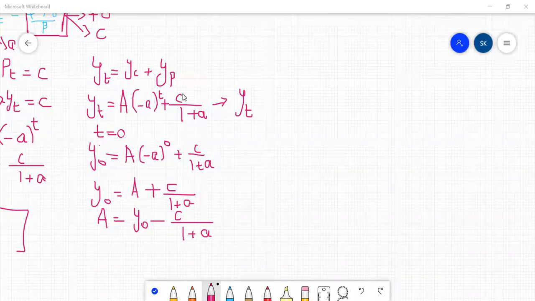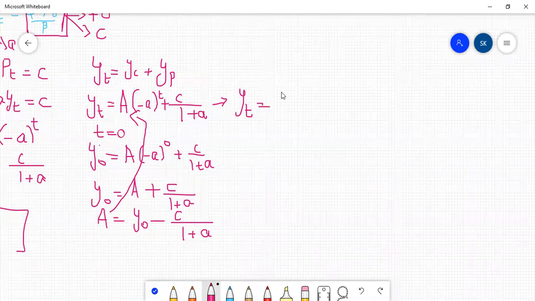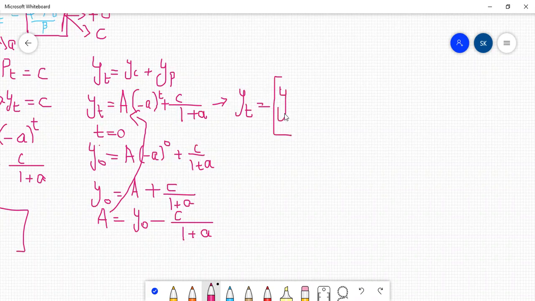I have zoomed out the screen a bit more. Now yt = A(-a)^t + c/(1 + a). We know A from this, and after solving this we got the value of A. Now we will substitute the value of A in this particular equation. So yt is now equal to (y0 - c/(1 + a)), and we will have to make this bracket over here.